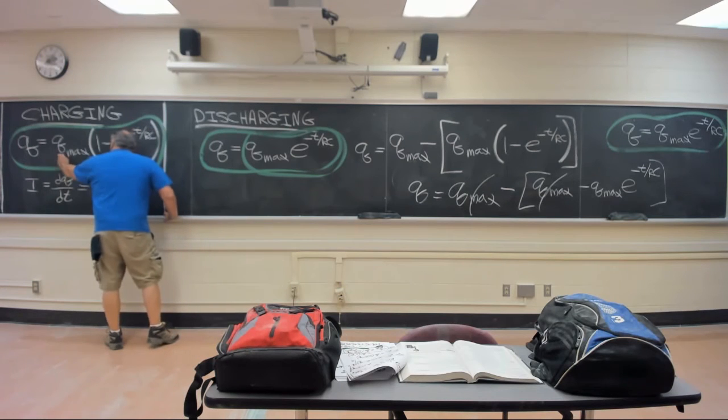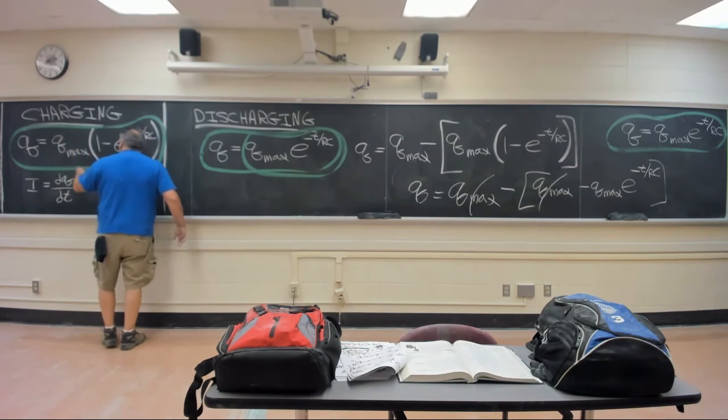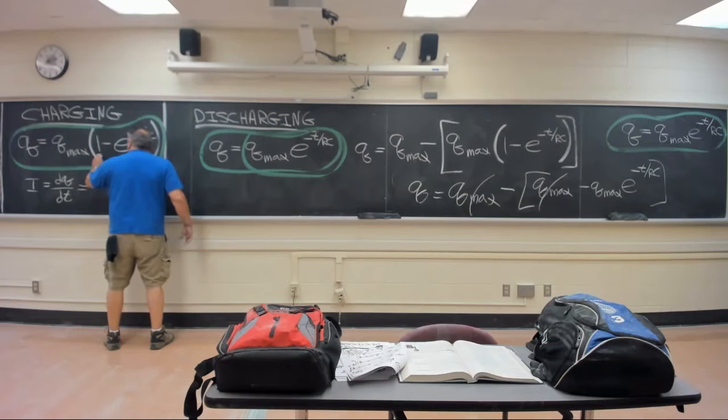Well, it's Q max times 1, that's a constant, the derivative with respect to time. dq/dt is d of all this dt. D of this right here, a constant, dt, is 0.